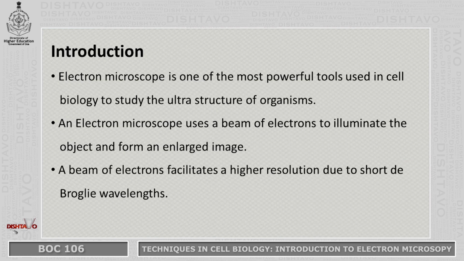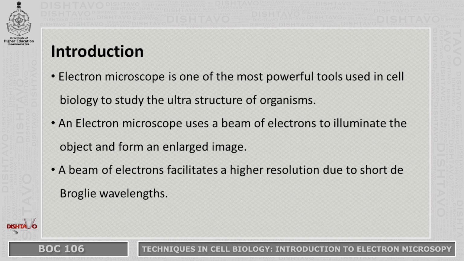Introduction. Electron microscope is one of the most powerful tools used in cell biology to study the ultrastructure of organisms, both in eukaryotes and in prokaryotes. An electron microscope uses a beam of electrons to illuminate the object and form an enlarged image.